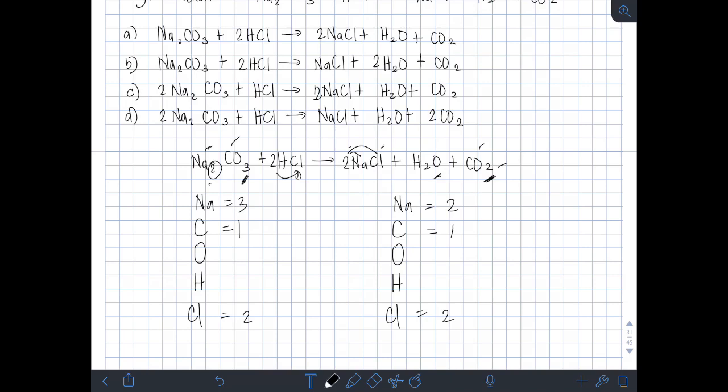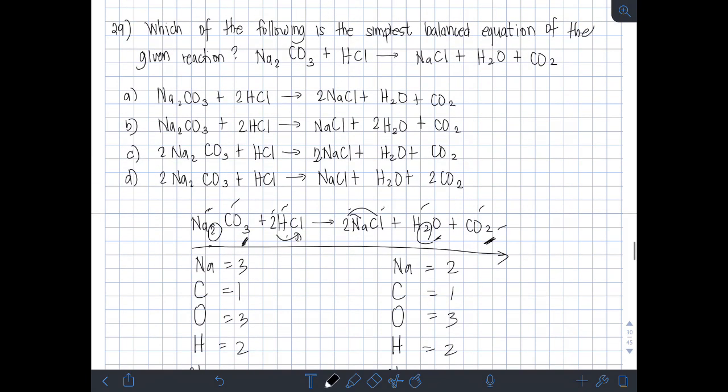Total of 3, right? So, pareho na silang 3. Then sa H, meron tayong 2 times 1 or 2 atom ng hydrogen sa kaliwa, then sa kanan, dahil may subscript na 2, 2 rin yung atom niya, so 2 din. So therefore, pare-pareho na lahat ng number ng atoms ng element, so balanced na yung equation. So this is the balanced equation. So sa choices, ito ay letter A.